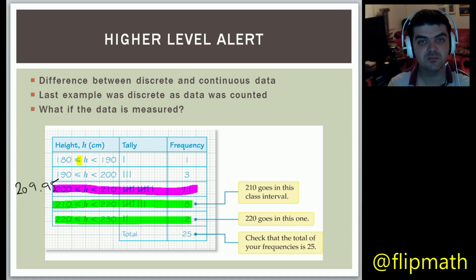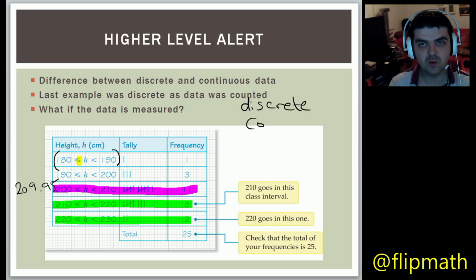Okie dokie. So one of the skills in the higher papers, they could ask you to design the class intervals. And what you have to decide is whether your data is discrete or continuous.